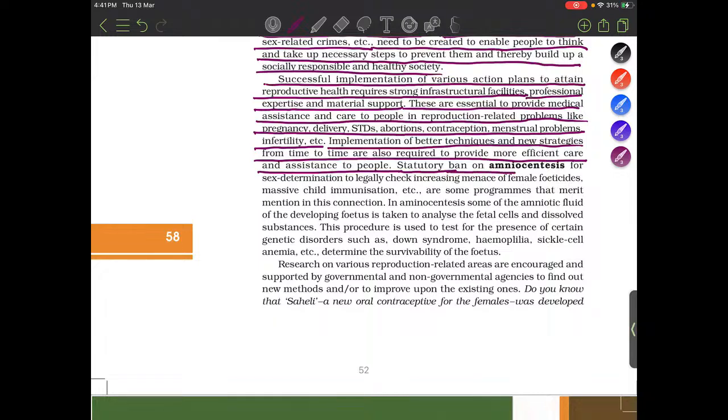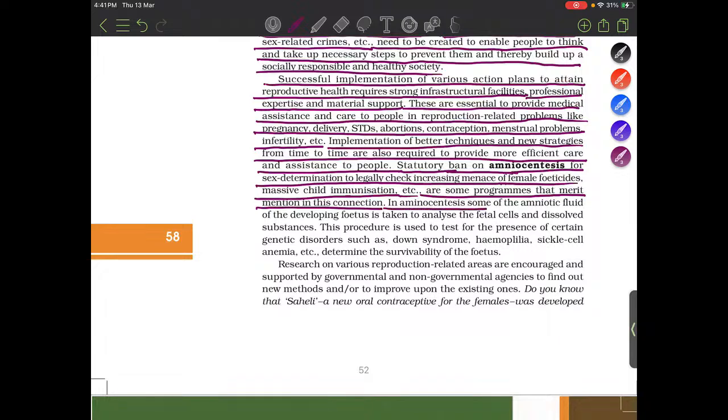Statutory ban on amniocentesis for sex determination to legally check the increasing menace of female feticides, massive child immunization, etc., are some programs that merit mention in this connection.